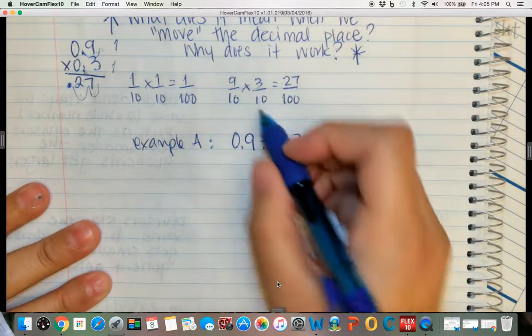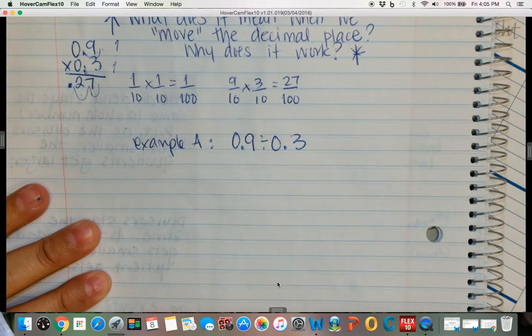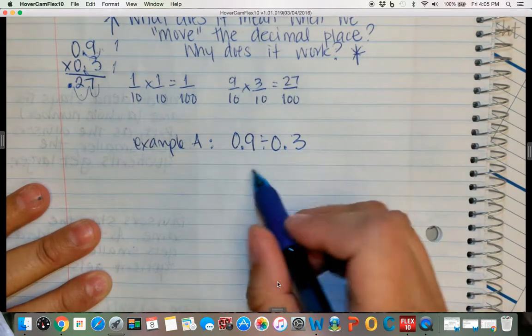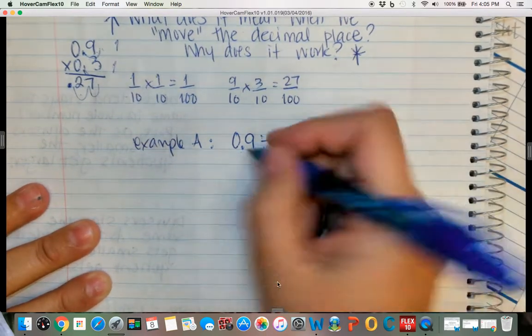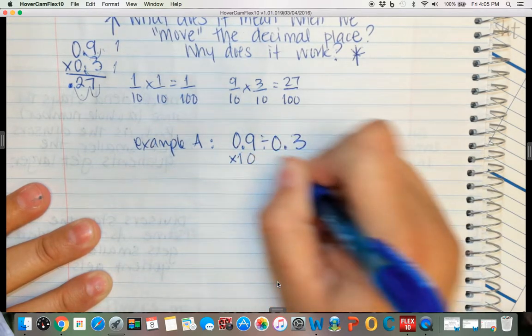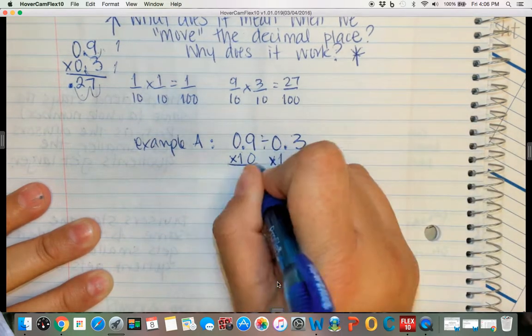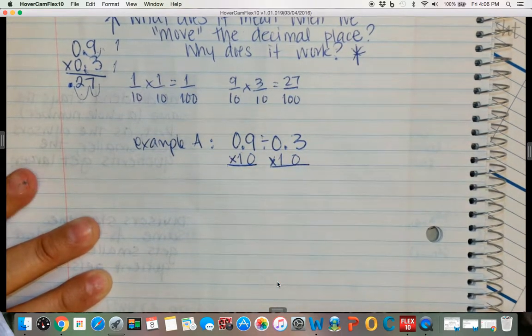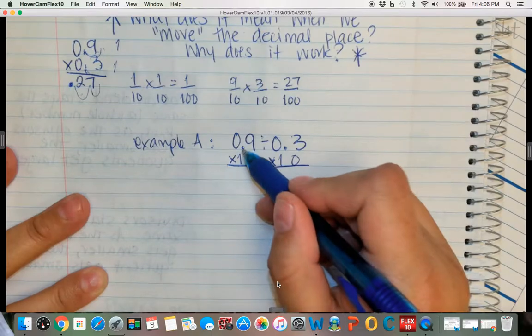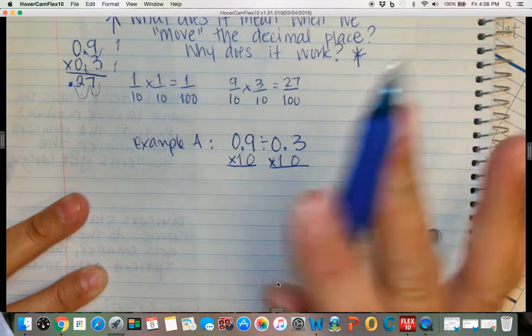So what I'm going to do is multiply both of these by the power of 10, just 1 10. And you will see that when I multiply this power of 10, well, let's do it.